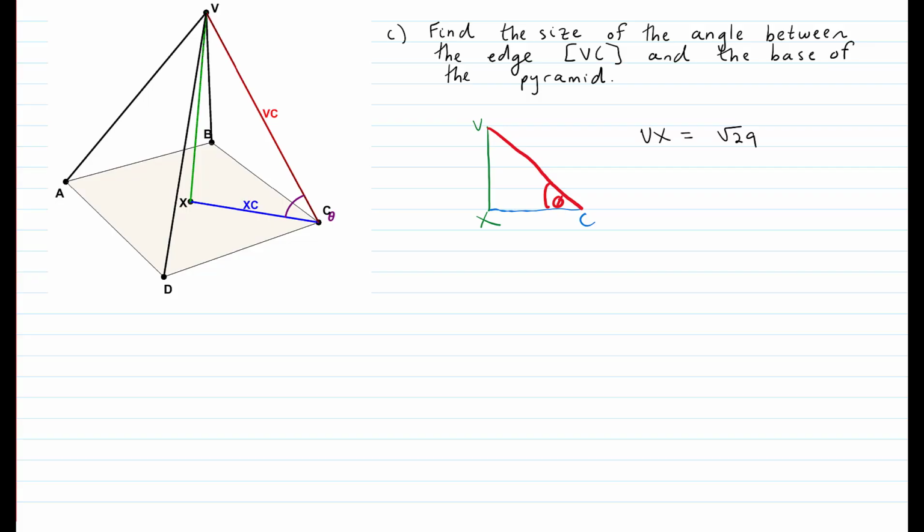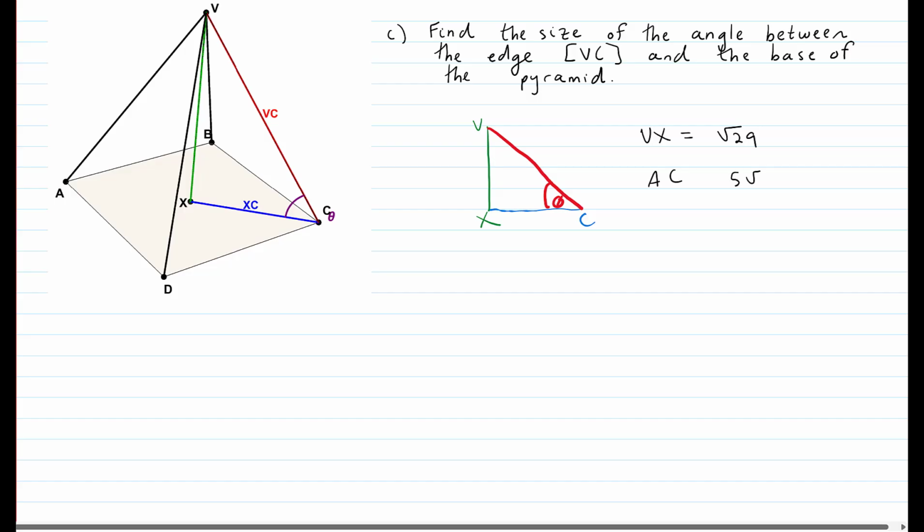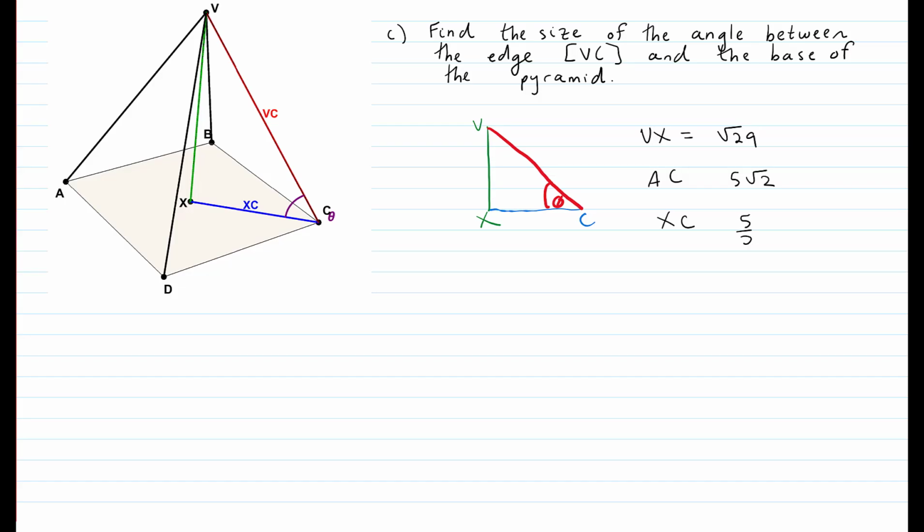And we had also worked out that A to C was 5 times root 2. So therefore, X to C is going to be 5 over 2 root 2.